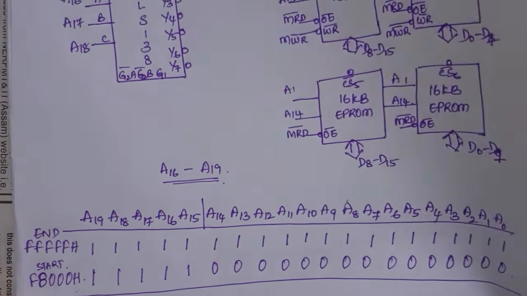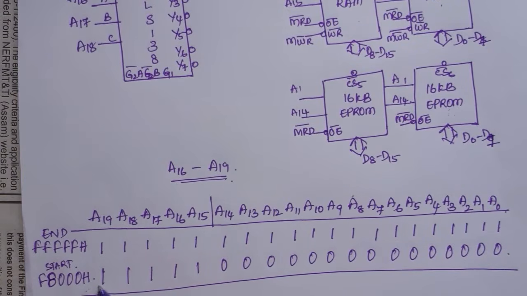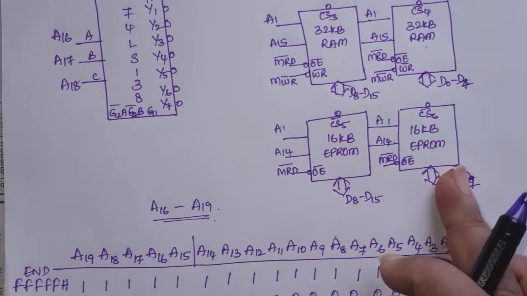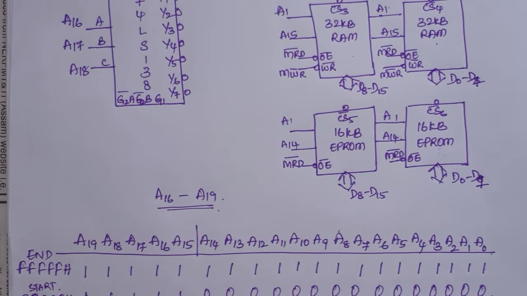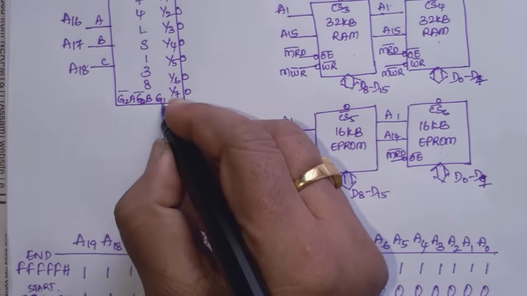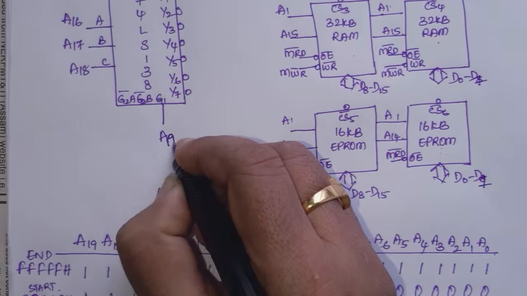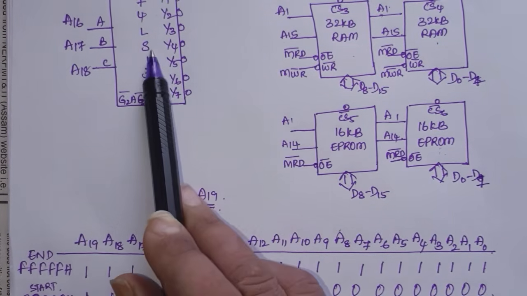Okay, so here A19 must be equal to 1. For this ROM chip to be selected, A19 must be equal to 1. So let me connect this A19 to G1, the enable pin of this decoder.